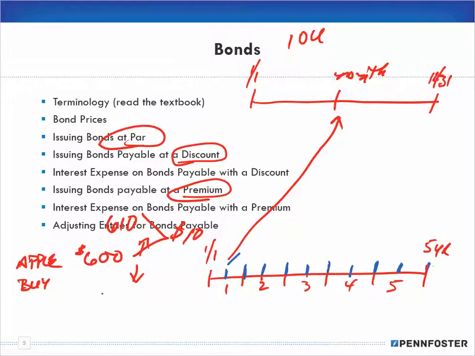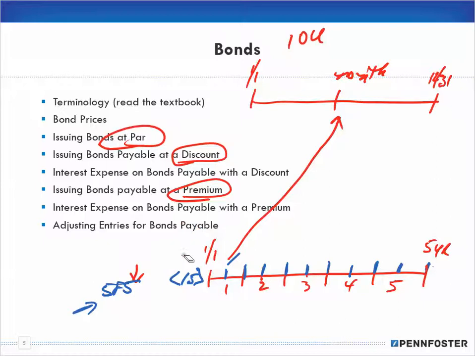If the price of the stock goes down to say $585, well, now you're losing $15 if you sell that stock at $585. That's the way a stock works. Well, the same exact thing happens with bonds on the bond market, except they use different price points, for lack of a better word.